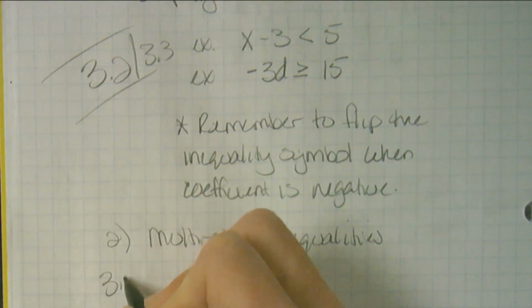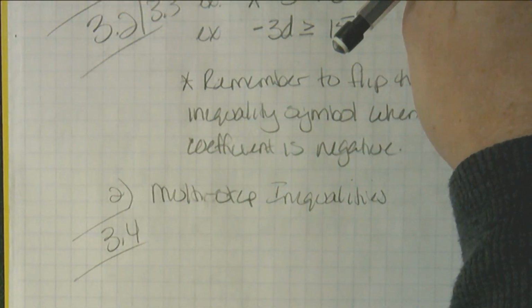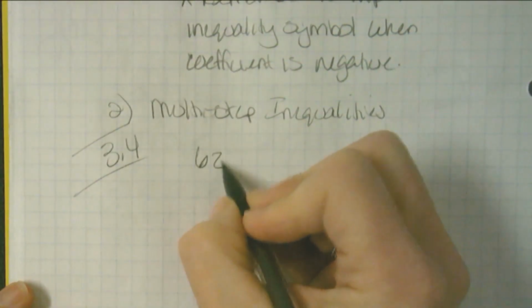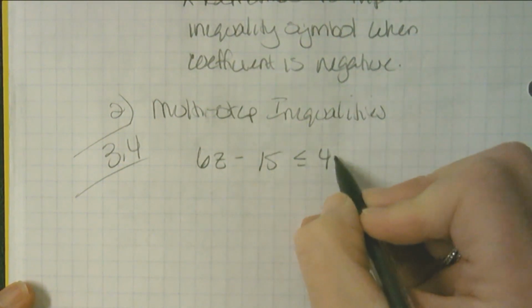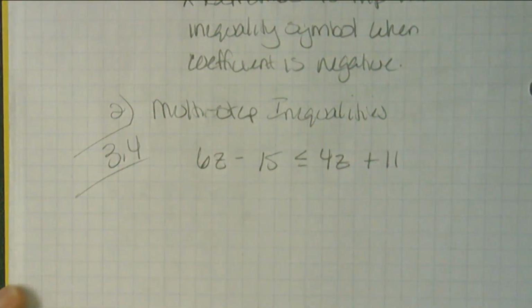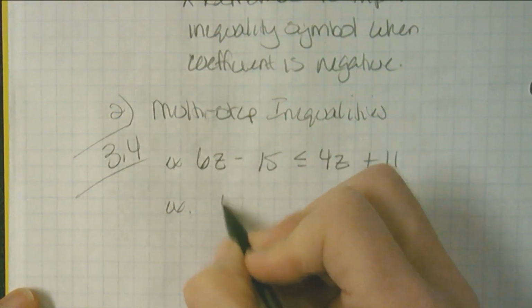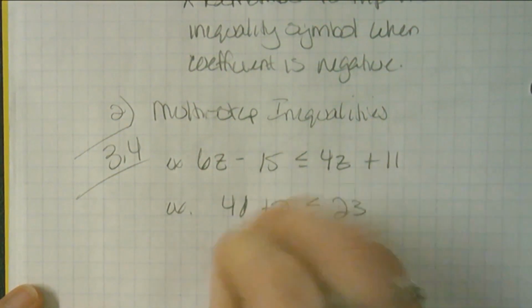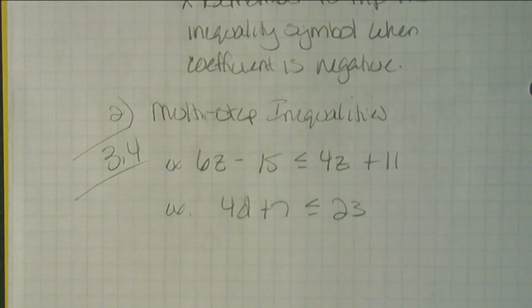This was 3.4. That might look something like 6z minus 15 is less than or equal to 4z plus 11. Or 4d plus 7 is less than or equal to 23. These are two types of multi-step inequalities.